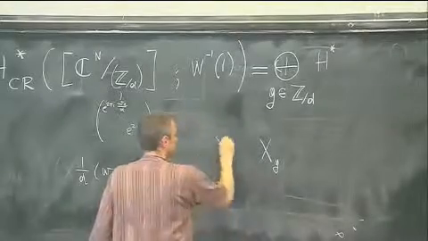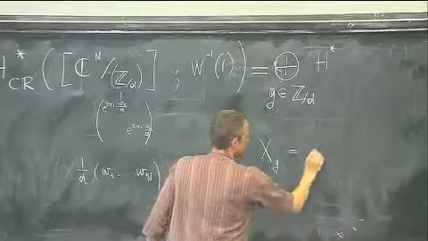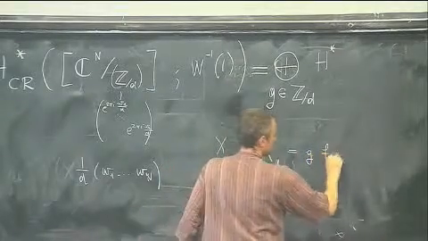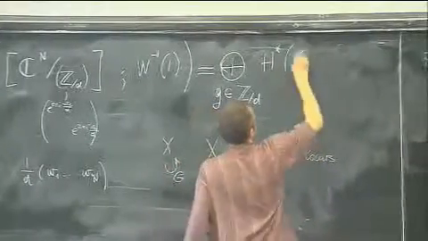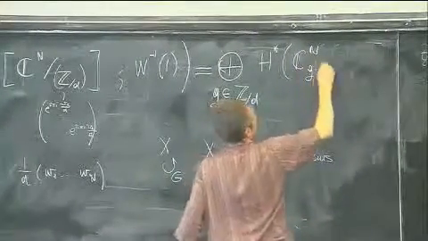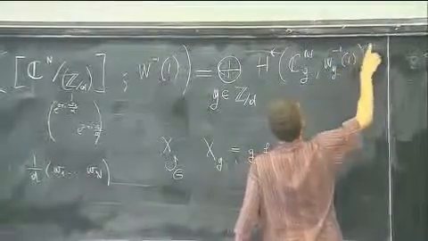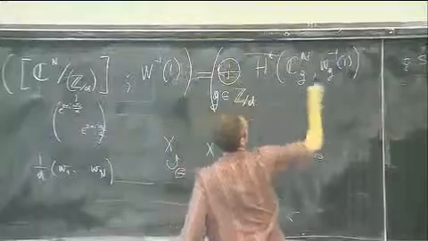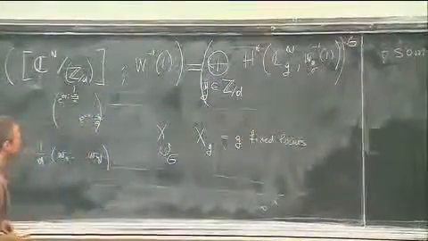I had a space with a G action, and then this was the fixed locus, the G fixed locus. So let me use this slightly ambiguous notation, and remember that we were extracting G invariant terms.